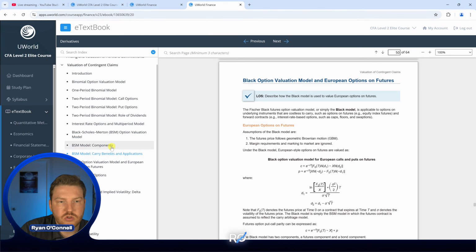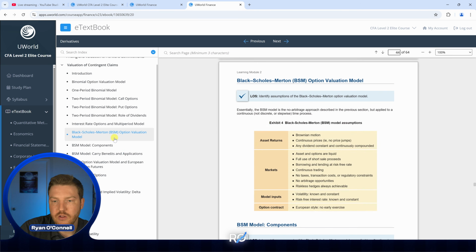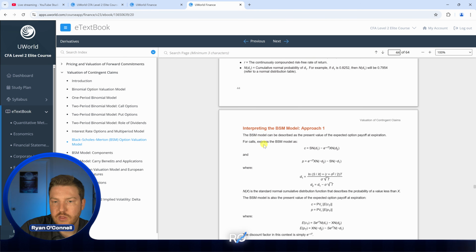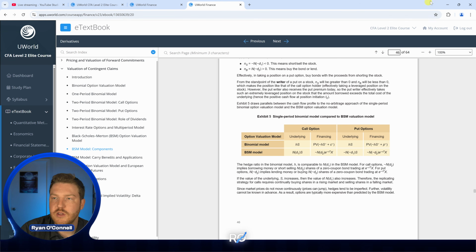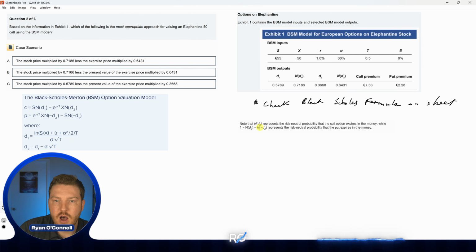And so I was trying to find some information on the Black-Scholes-Merton model and components. One thing that I grabbed from in here for this question was a little note about ND2, which represents the risk neutral probability that a call option expires in the money, whereas 1 minus ND2, which is the same as N negative D2, represents the risk neutral probability that the put will expire in the money.